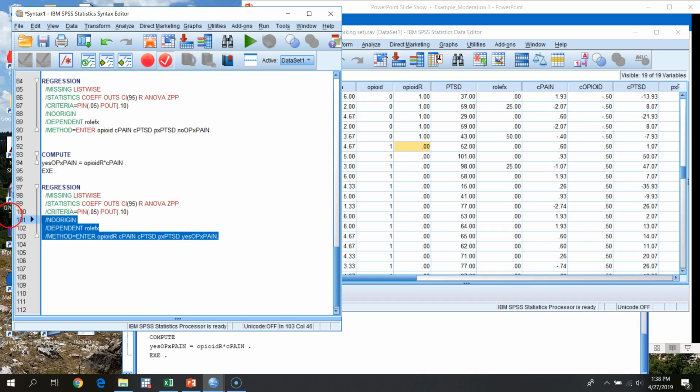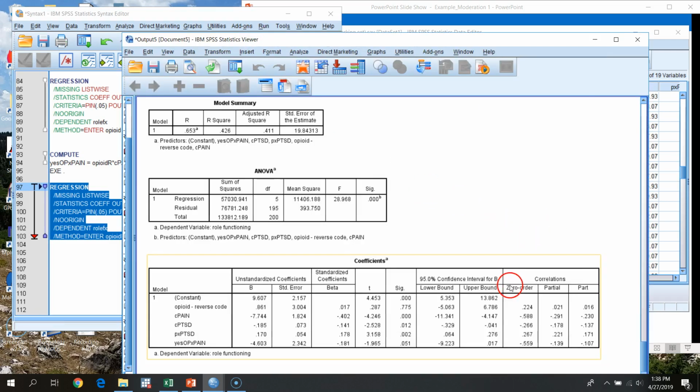So switching this around, go through, run this, and what I've got is my conditional effect of pain on role functioning for individuals who are using opiates. I am interpreting it this way because with my reverse-coded opiate use, 0 corresponds to people who are using, 1 corresponds to people who aren't using, and so what I've got here is my conditional effect of pain on role functioning for people who are using.